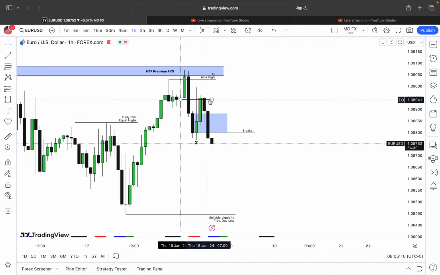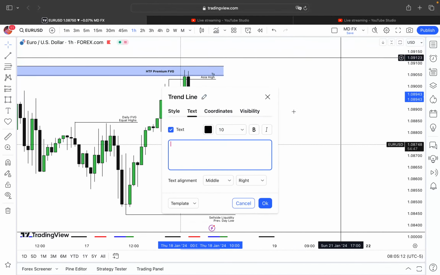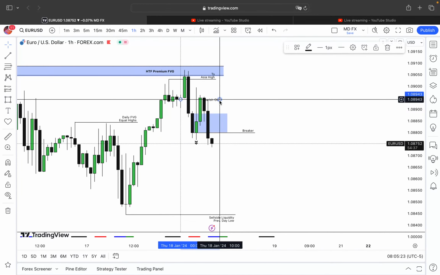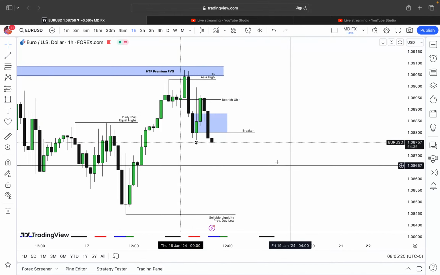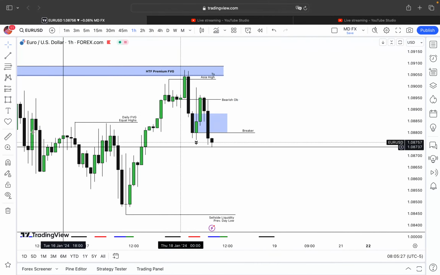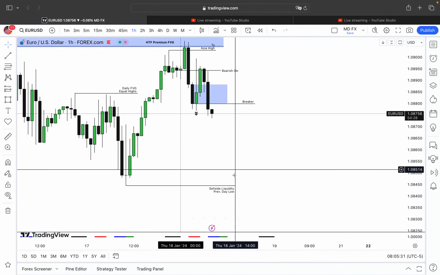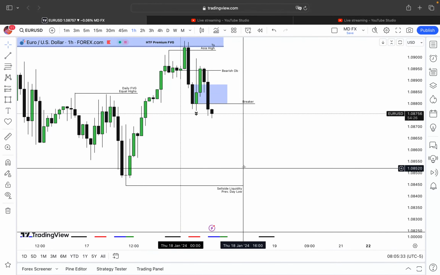So turtle soup, bearish order block, then breaker. So now our entry would be from this breaker downwards to this sell side liquidity.